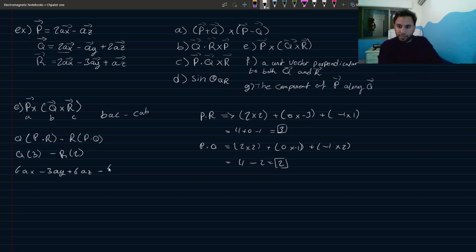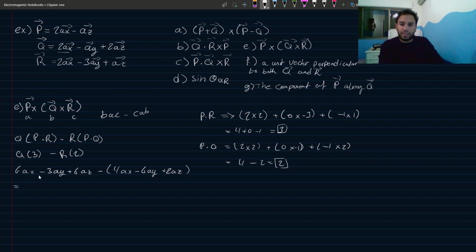Minus the R multiplied by 2. So 2 times 2, that is 4AX, minus 2 times 3, that is 6AY, plus 2 times 1, that is 2AZ. And then we close it.